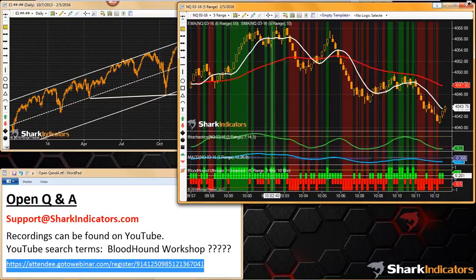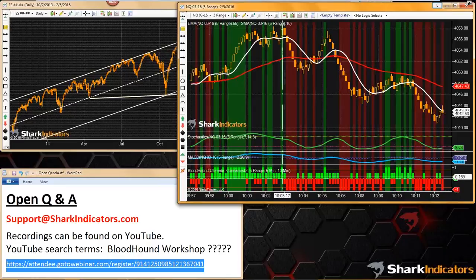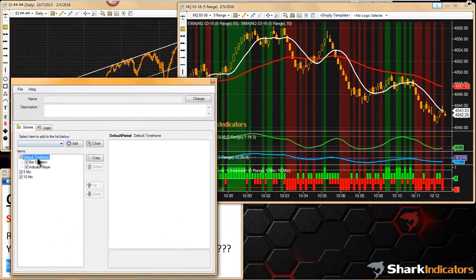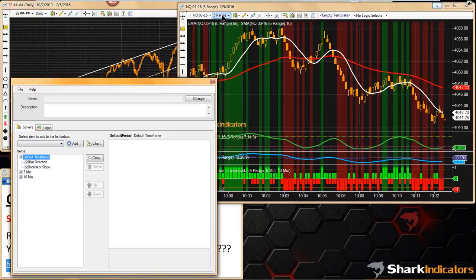So the same thing applies to BloodHound, right? BloodHound is just an indicator. It may be a fancy looking indicator, but in the end, BloodHound is an indicator, and it's constrained to the rules that all indicators have to follow when running on a chart. So the default time frame is always locked to whatever the chart is.